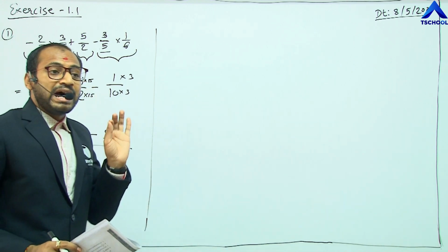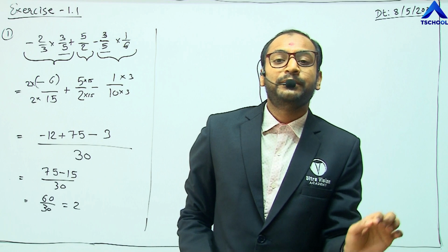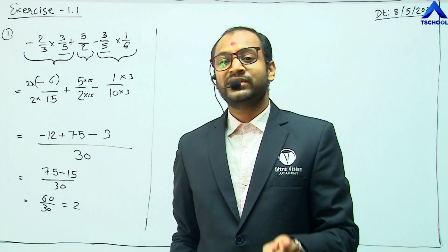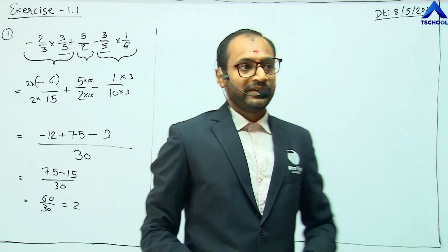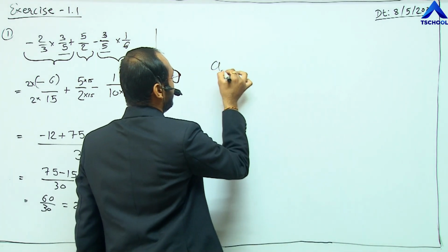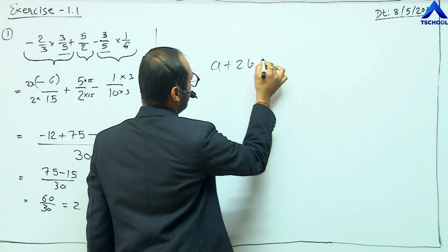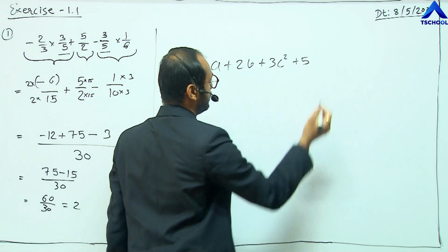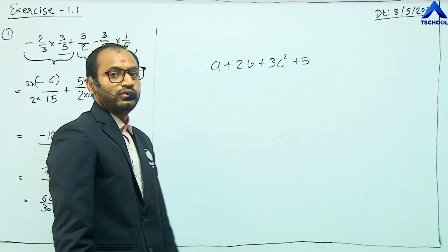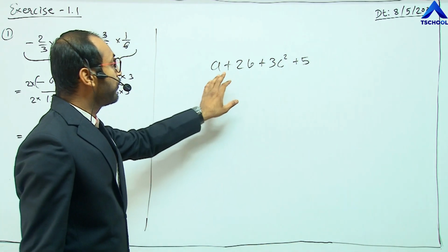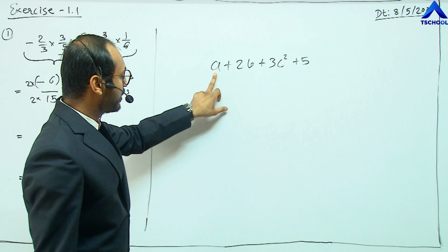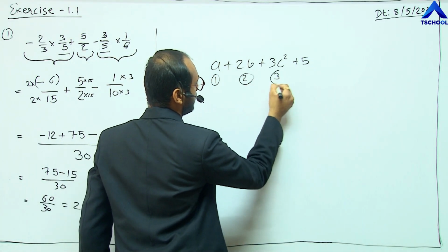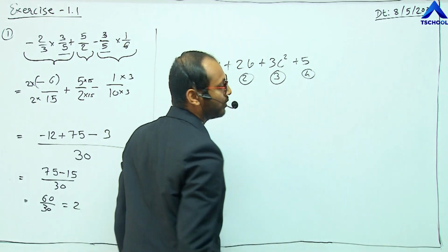All terms are separated by addition and subtraction only, not by multiplication and division. We can say a plus 2b plus 3c square plus 5. So there are four terms. Term number 1 is this, term number 2, term number 3 and term number 4.